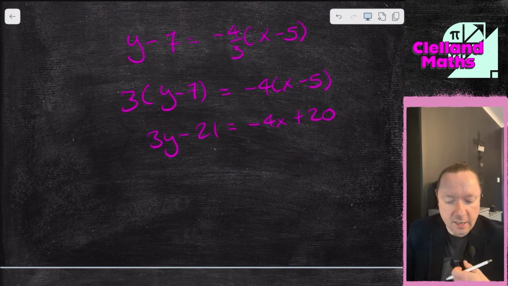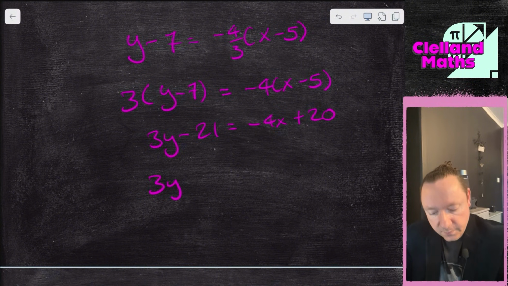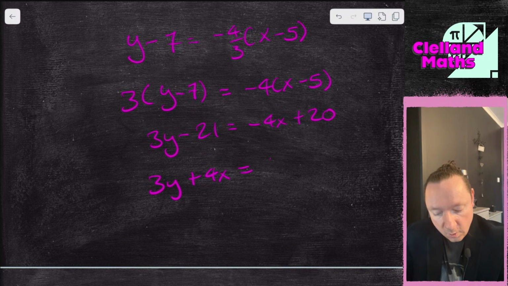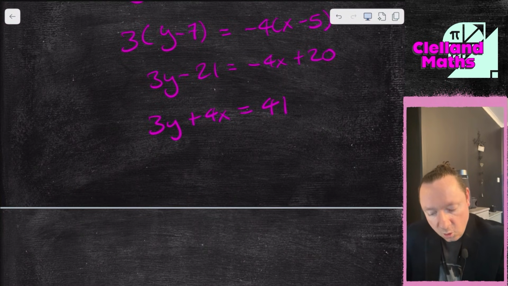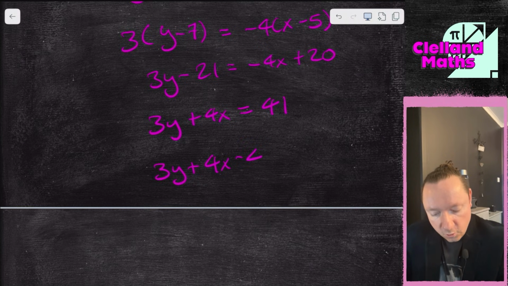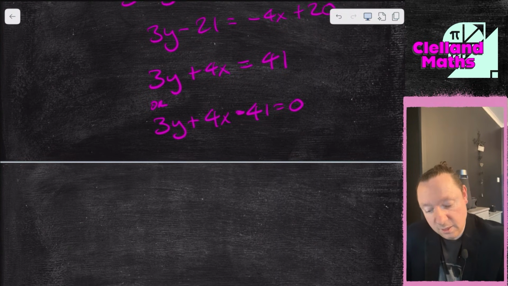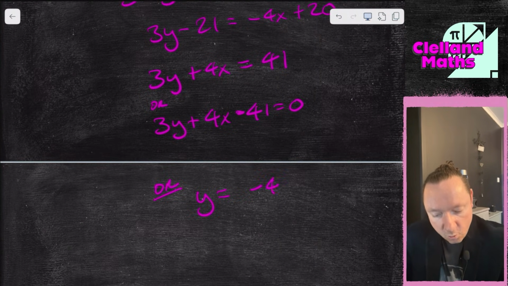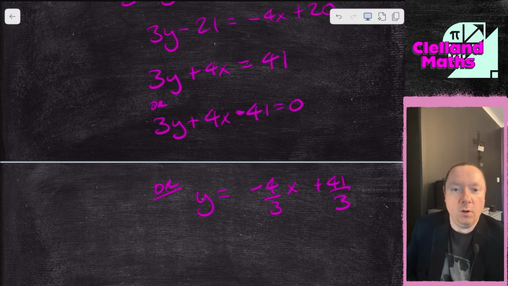Now you can't really leave it like that, so I'll take the x's to the same side and take the numbers to the same side, so you get 41. That's one option. Or you could have 3y plus 4x minus 41 equals 0. Or really, if you really wanted to have y equals, it would be y equals minus 4 over 3 x plus 41 over 3. I probably wouldn't bother leaving it like that.